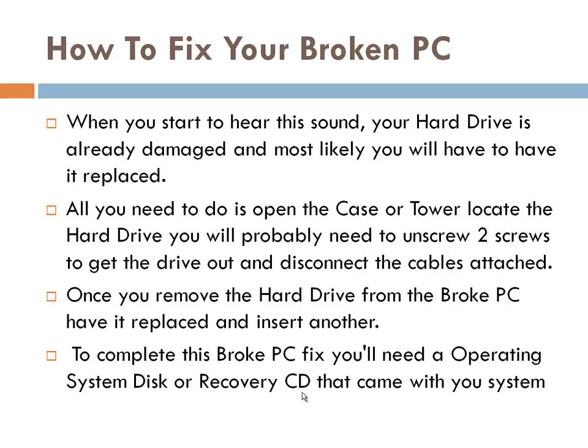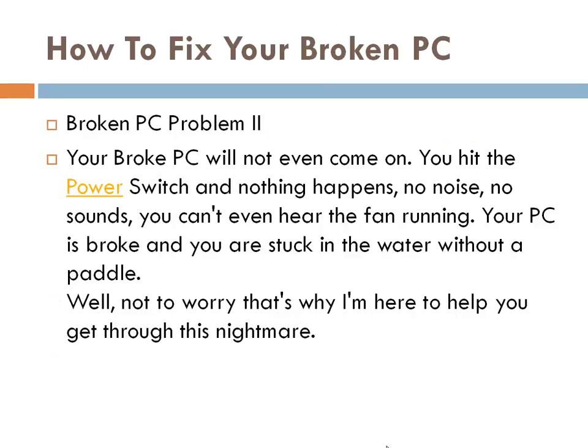I'll cover those things in another chapter, but I'm just going to continue briefly on what's going on here. Once you remove the hard drive from the broken PC, you're going to have it replaced with another. To complete this broke PC fix, you'll need an operating system disk or recovery CD, and this will be the CD that came with your system.